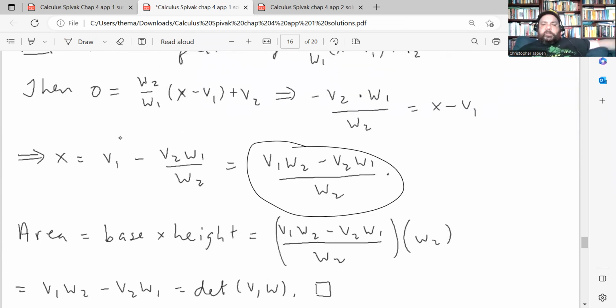Before I go to problem number 5, let me just read what he says after that problem, because there are some problems with this derivation, since we made a lot of assumptions in the picture. So let me read out what he says here. This formula, which defines the determinant, certainly seems to be simple enough, but it can't really be true that the determinant of VW always gives the area.